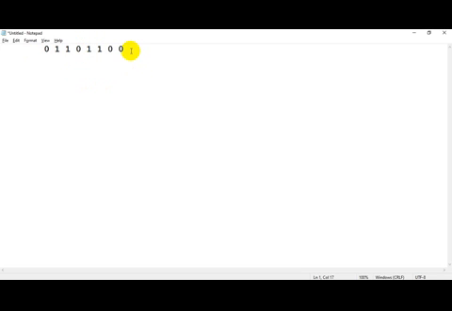How does the decimal adjust accumulator work? It first checks the lower 4 bits. If it is greater than 9, or if an auxiliary carry is generated, it adds 6 to it. In this case, you can see the lower nibble is greater than 9, so it adds 6 to this. Let me add 0110 to this. So what do I get after this?